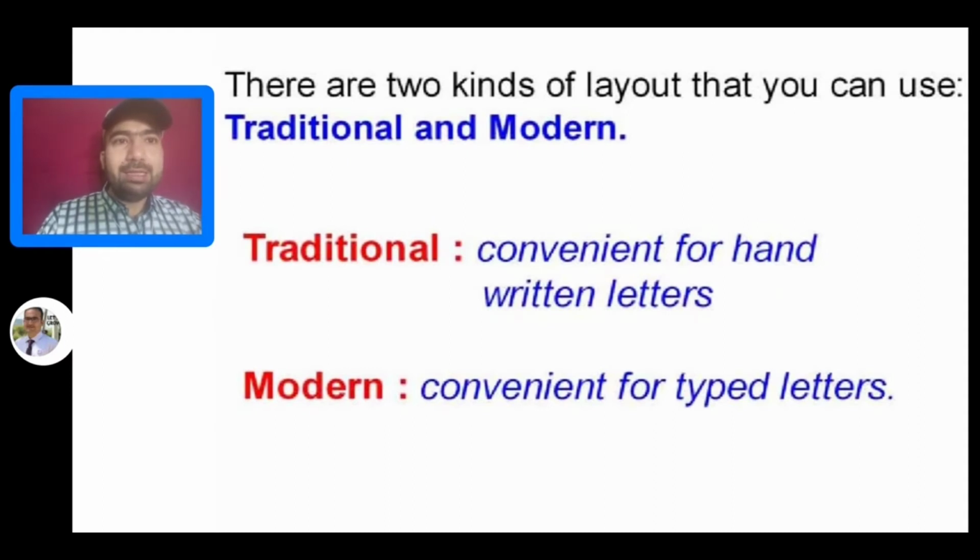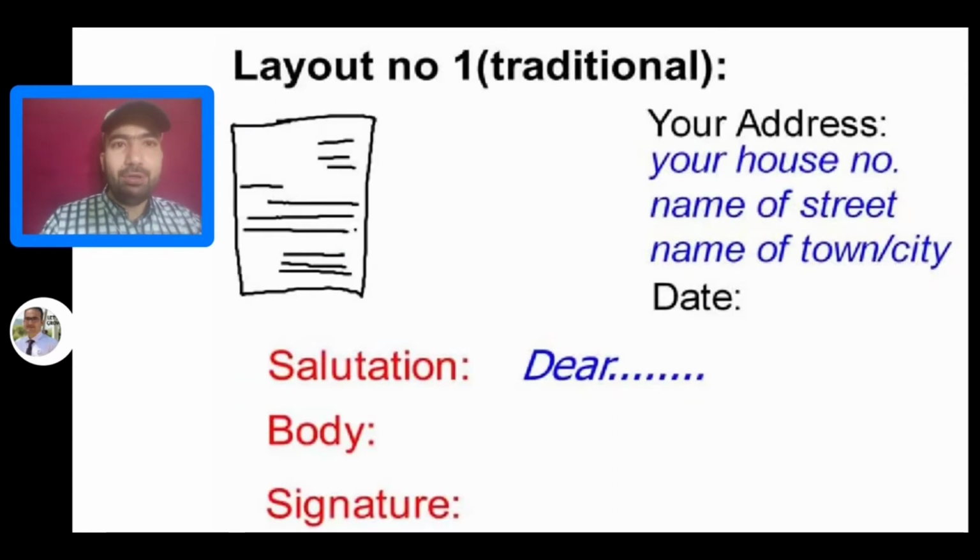There are two kinds of layout that you can use: traditional and modern. Traditional is convenient for handwritten letters; modern is convenient for typed letters. So let us understand both. Layout number 1 is the traditional one. Now how is the layout?